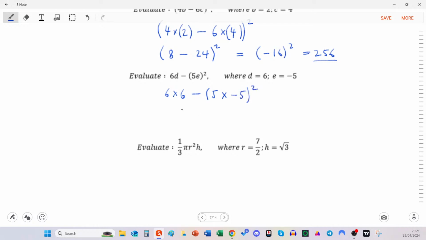Okay, let's do things a bit at a time. 36, take away. Do the brackets. Positive times a negative here. Okay, so we've got 36 take away, and that's going to be a positive result, but we're still subtracting it. So it's 625.